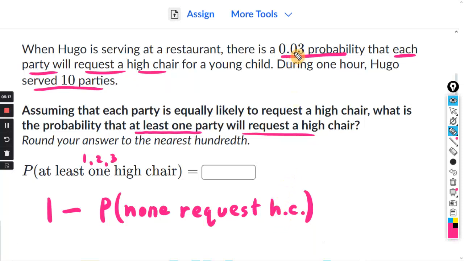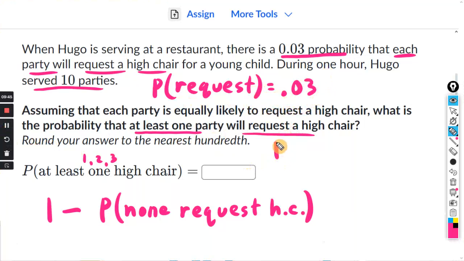So the probability that someone does request it is 0.03. What is the opposite or the complement of that? Well, the opposite of requesting something is not requesting.